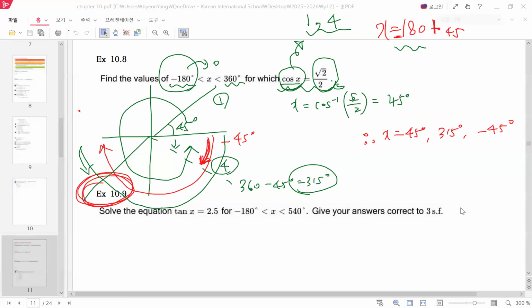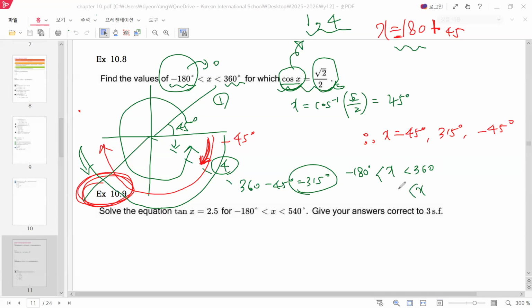So there's also one for negative 45 is because of the negative 180. Negative 180 degree made of negative 45 degree. How come? So where did negative 45 degrees come? Because the range of x is defined as from negative 180 to 360, right?